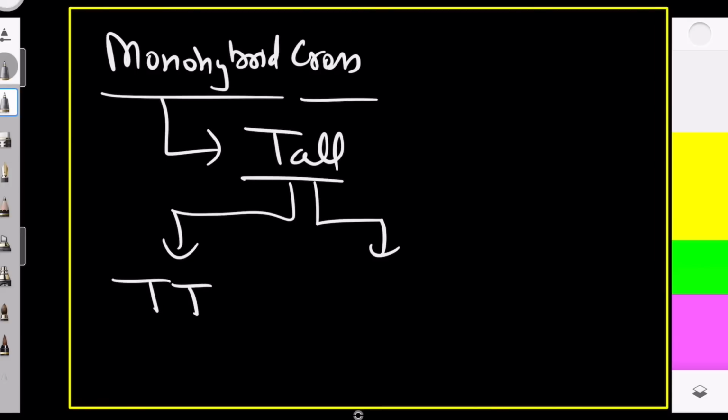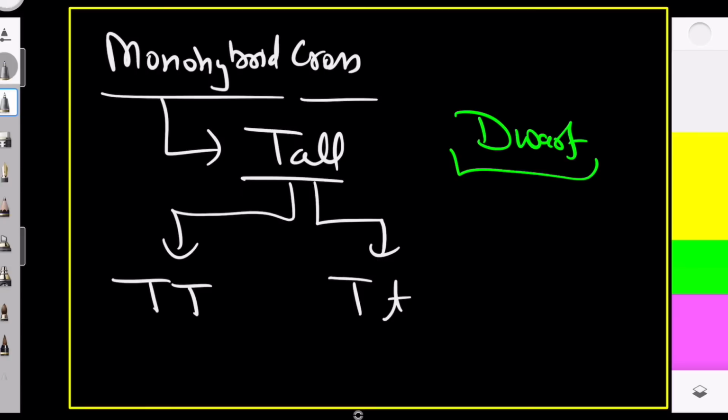One can be capital T, capital T; another can be capital T, small t. Now in the case of dwarf phenotype, the genotype is going to be small t, small t. So this we have learned when we learned about the monohybrid cross.